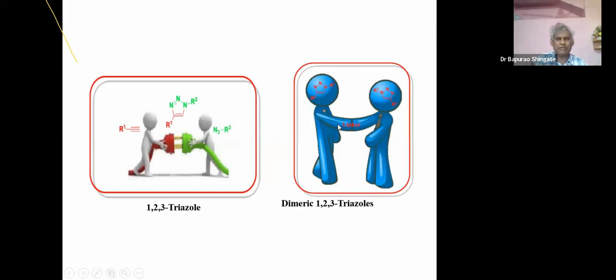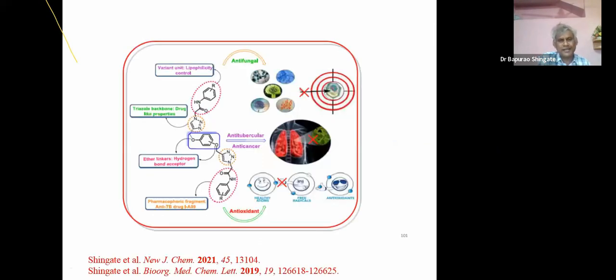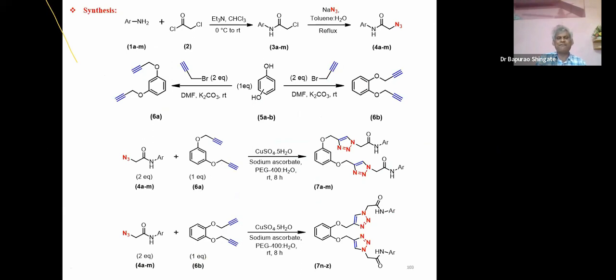linker, and accordingly we have designed the molecules and synthesized from commercially available aromatic amines, as we have seen how to make this type of azides from corresponding anilines, which on chloroacylation followed by nucleophilic substitution with sodium azide. We have these kinds of amide-based azides, and we have commercially available resorcinol or catechol under similar reaction conditions, basic condition, that is potassium carbonate, propargyl bromide, which gives a dialkyne over here, and here also a dialkyne.